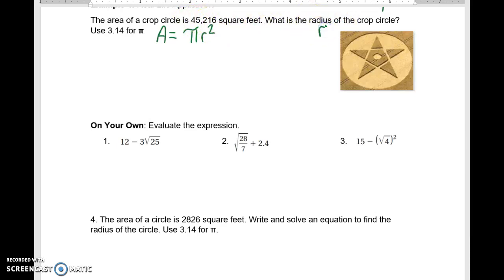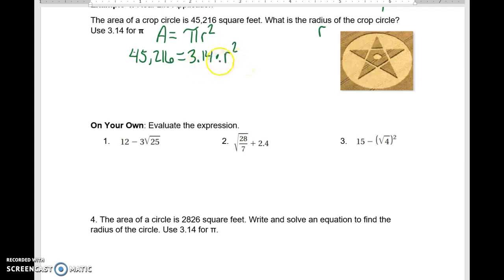Radius is going to be the R of the crop circle. Use 3.14 for pi. So area is 45,216. Got that from right here in the problem. So I'm plugging that in for area. The area is, so put that number in for A. Pi is 3.14, and we're finding R. So we don't know that, we'll just keep the R.